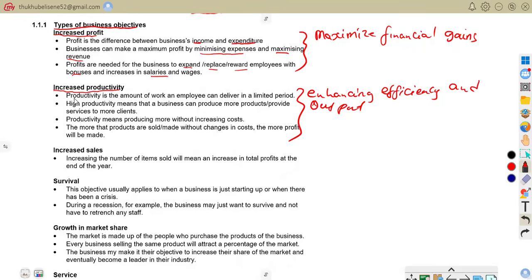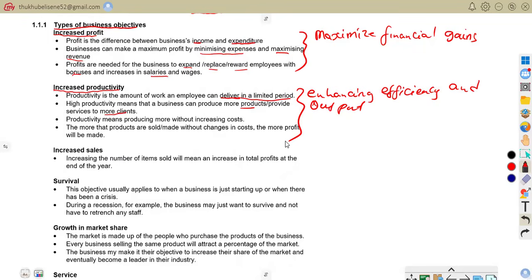As it goes on, it says productivity is the amount of work an employee can deliver in a limited period. High productivity means that the business can produce more products or provide services to more clients.